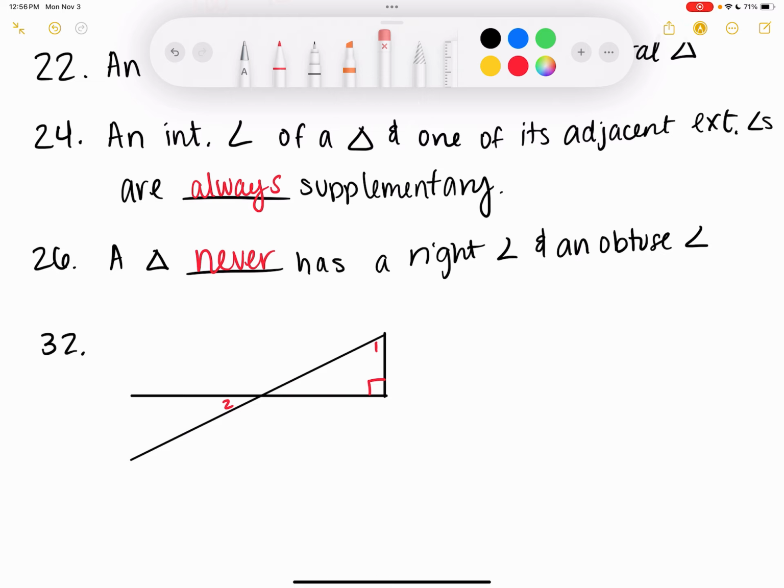It won't really matter, but this one's supposed to look more like this.